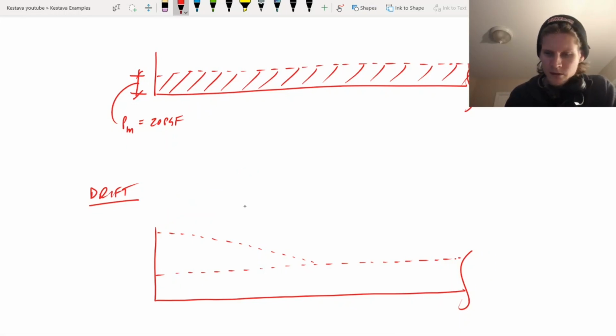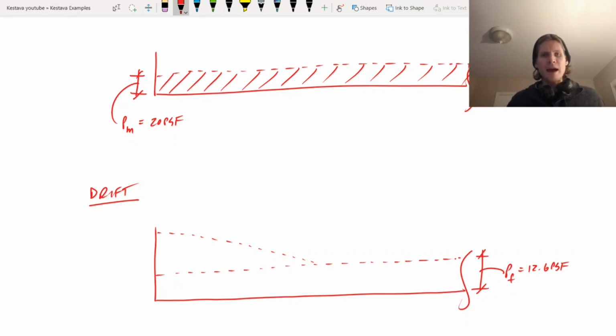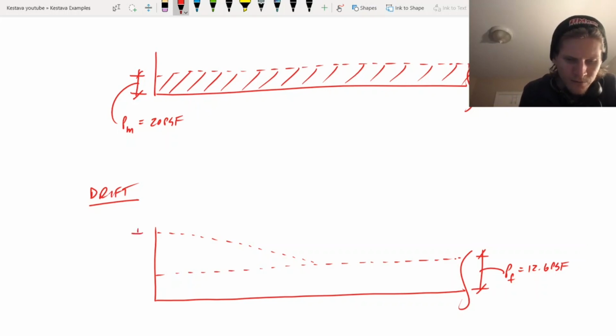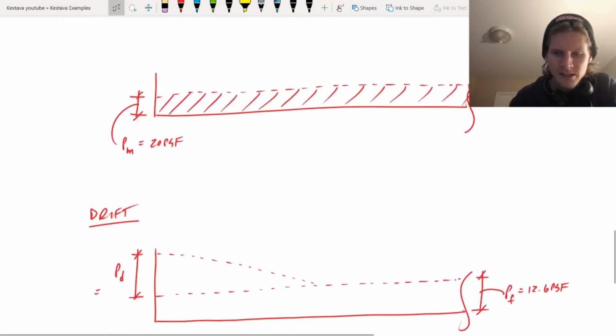First off, this amount right here is P sub F, our flat roof snow load, which was 12.6 PSF. So it's less than the balanced, but now we also take into account that drift load, which is a lot heavier at those end conditions around the parapet. We know right here that this is P sub D, which we just solved for, 27.6 PSF.